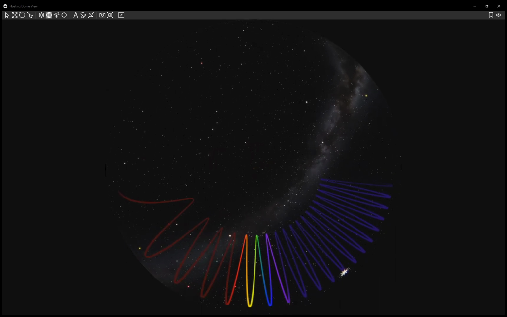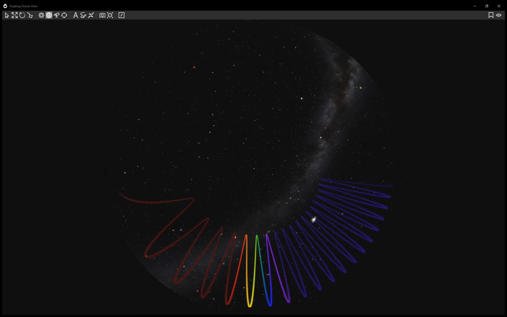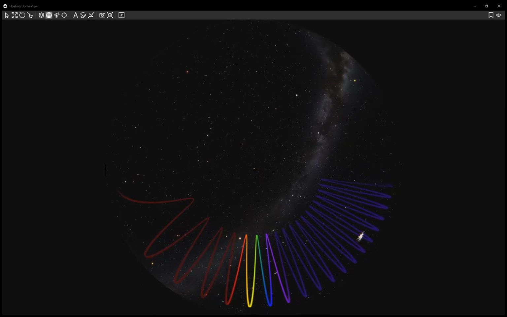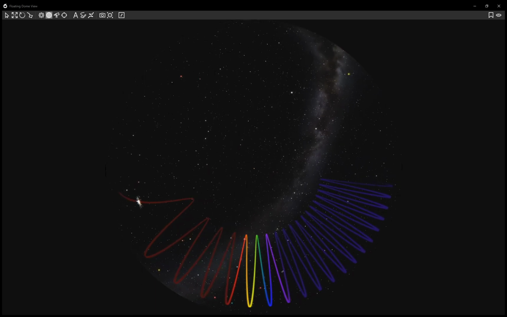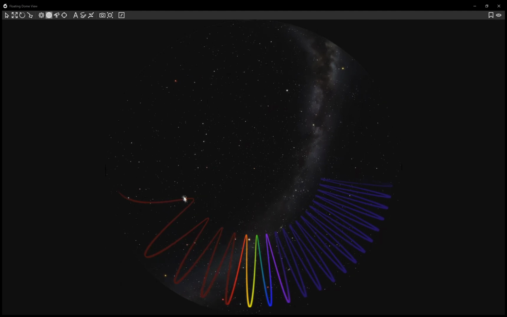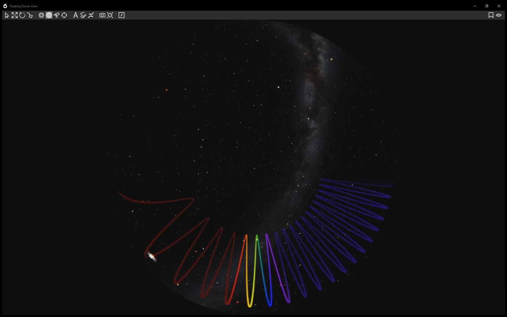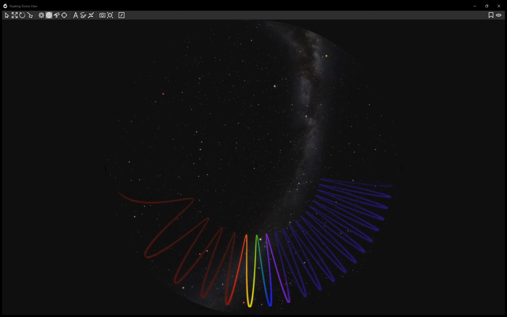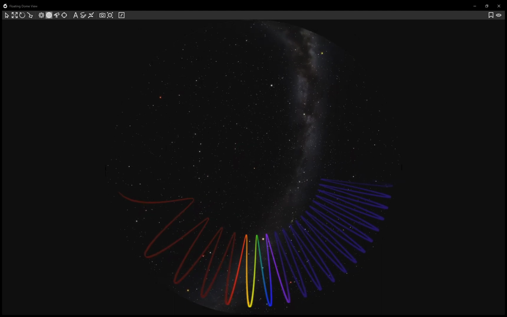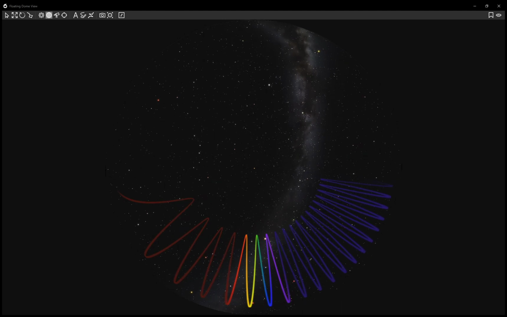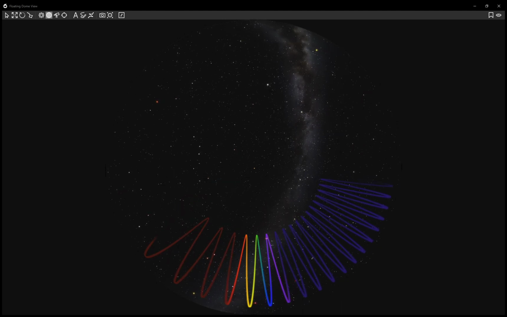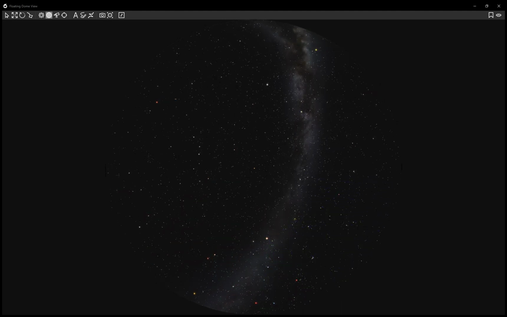High-energy photons make high-frequency light, like X-rays or gamma rays. Low-energy photons make low-frequency light, like radio waves or infrared. But how does the Sun produce so much energy? To find out, we must look deep inside our star.